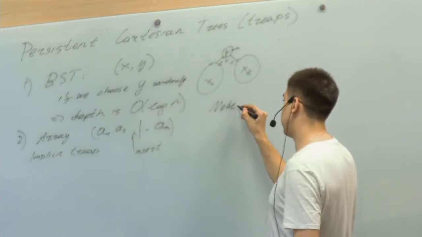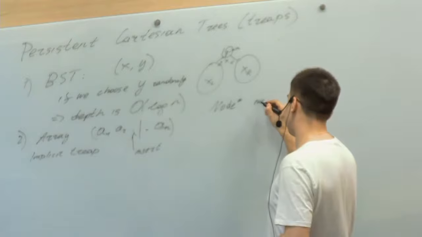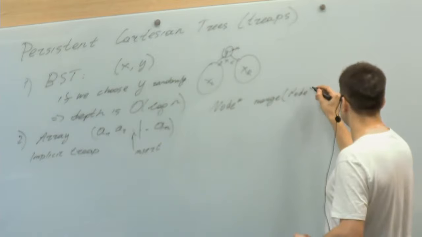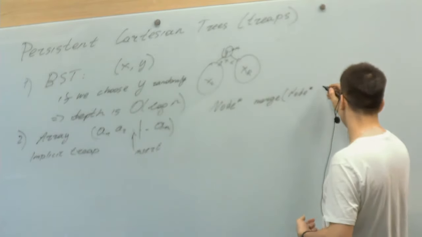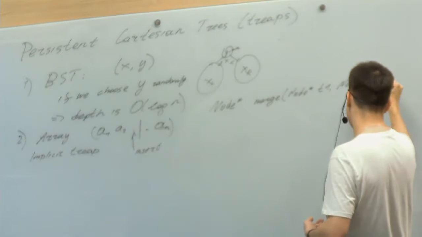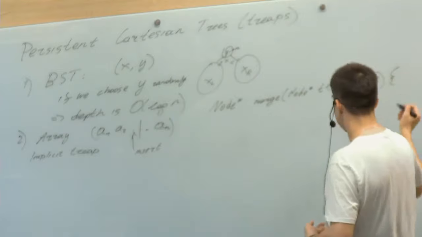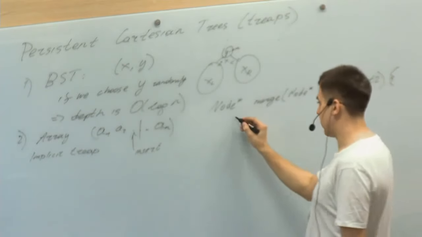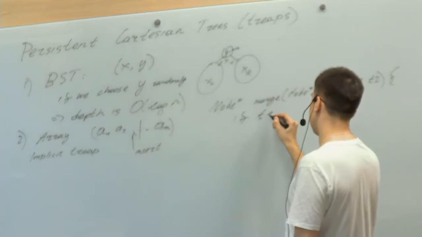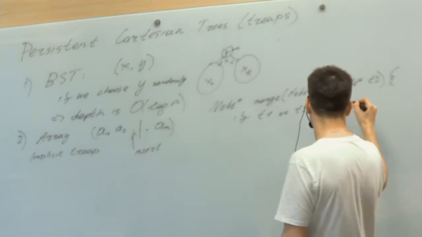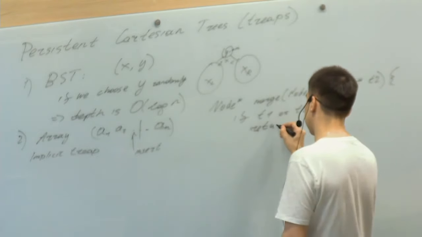It returns a pointer to a node, the merge of two trees that are also represented by a pointer to the root, T1 and T2. If either of them is null, we can just return the other one. So if T1 or T2 is null, just return the other one.